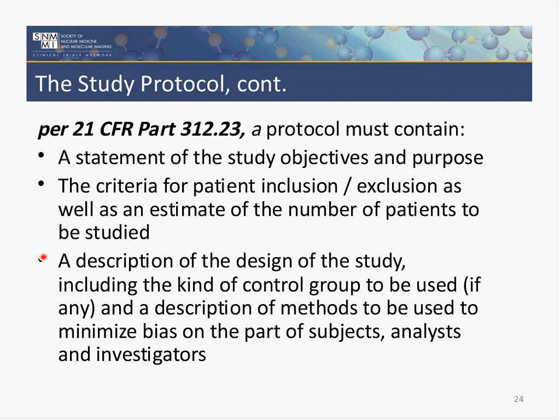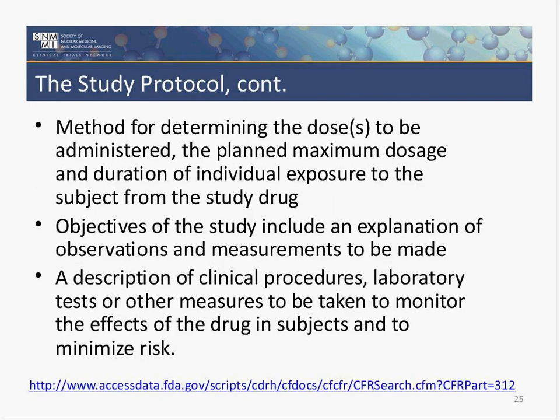The design of the study, in words, a randomized controlled study or a double-blind study or a study with multiple arms, writes into the protocol or builds into the protocol a method for minimizing the potential of bias on the part of the investigator.